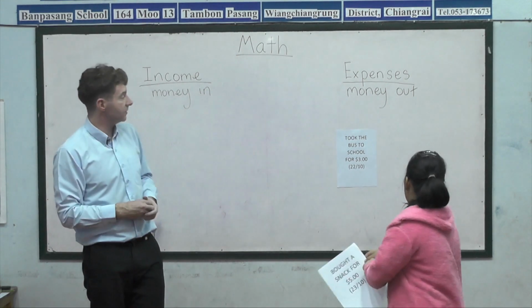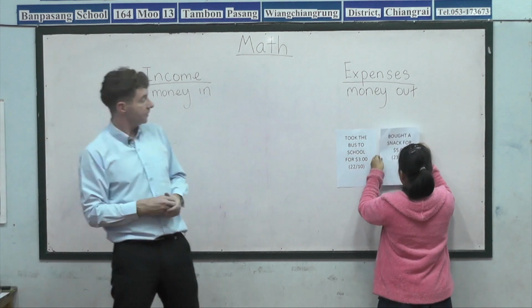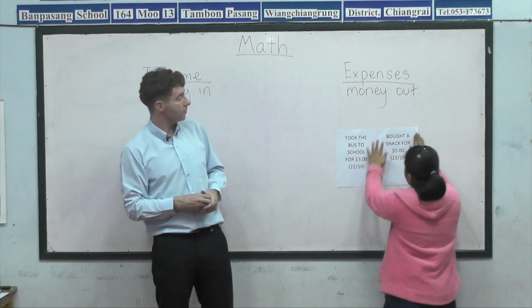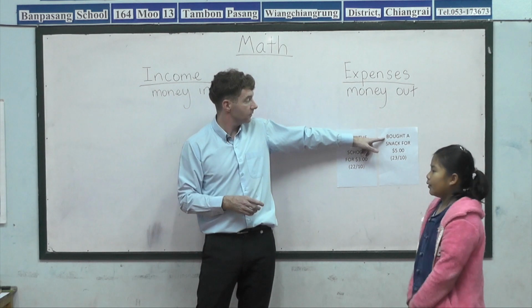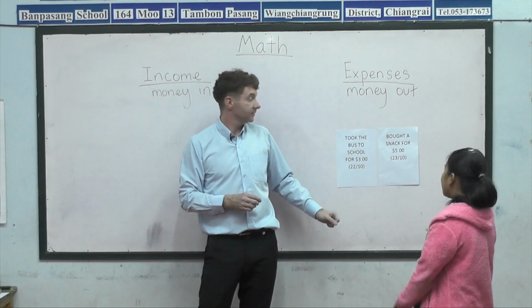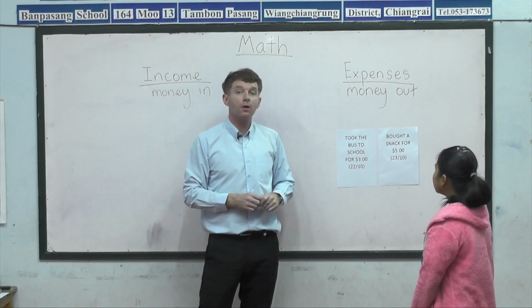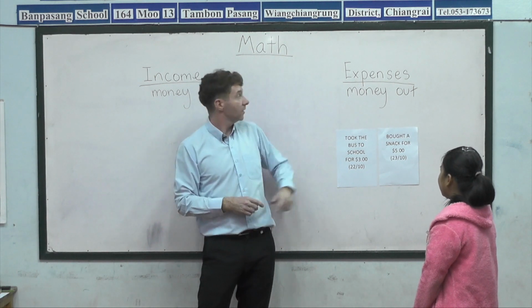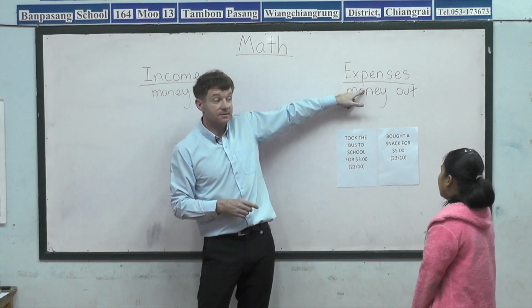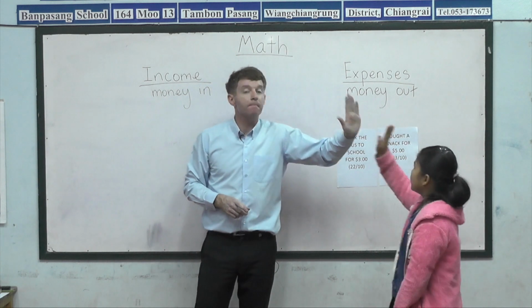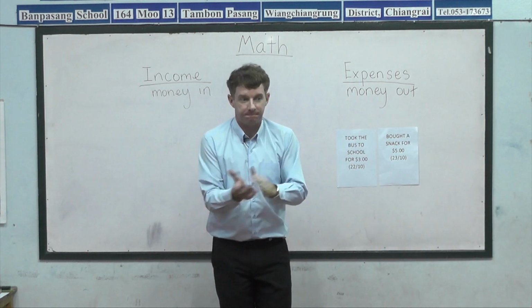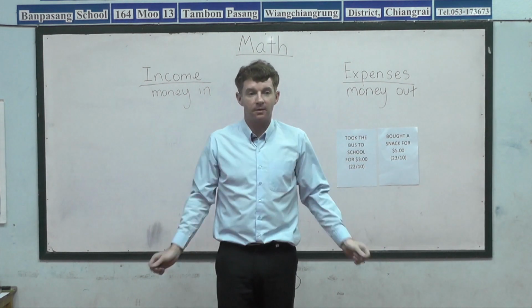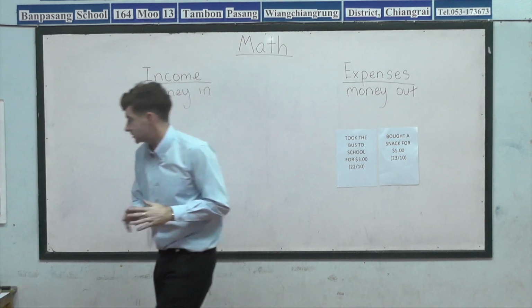Expense again, very good. So we'll place it here and read together one more time. Bought a snack for $5. Expenses. High five. Big round of applause for Lakgal. So let's see who can go next.